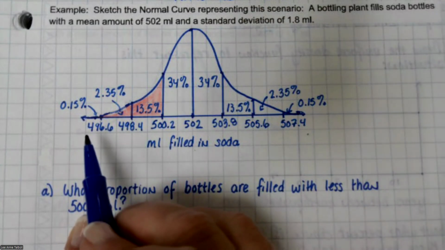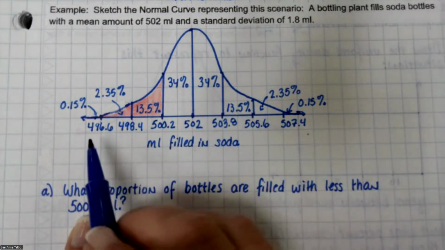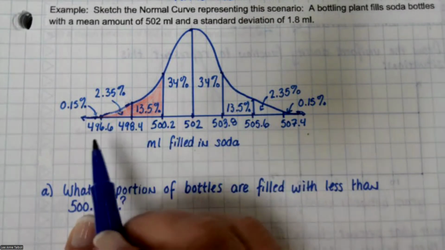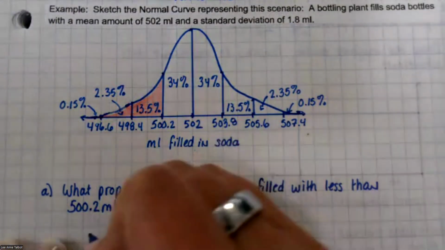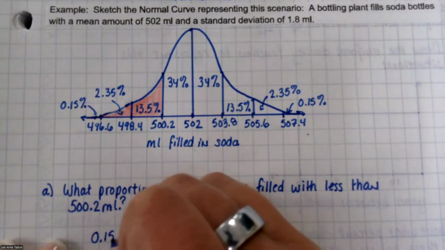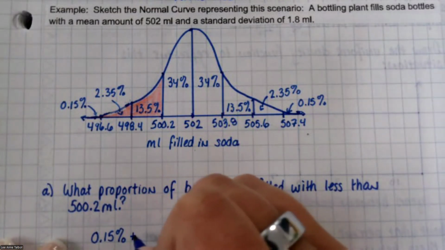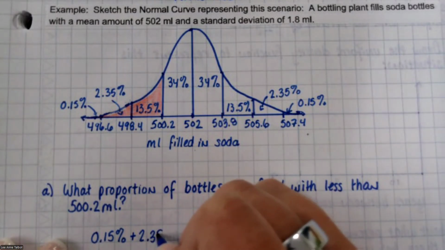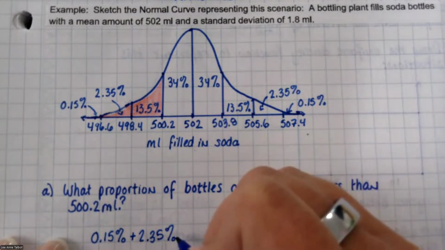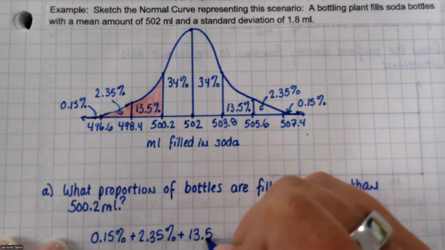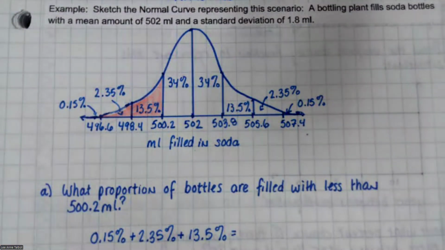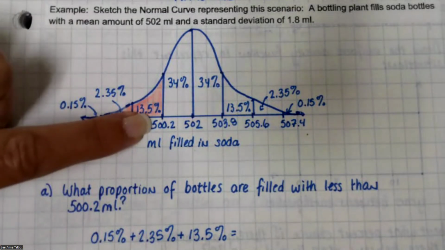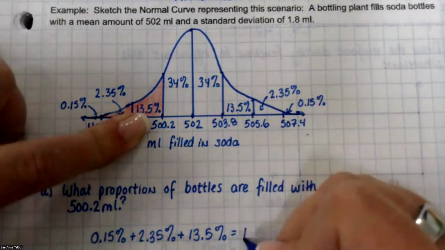Less than 500.2? Yes. Okay, so we're just gonna add up those three percentages for our work. 0.15% plus 2.35% plus 13.5%. And then we did this in the packet. So we marked this as what percentile? It was 16.